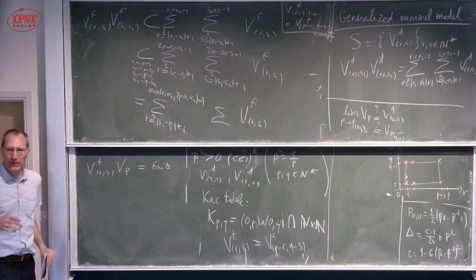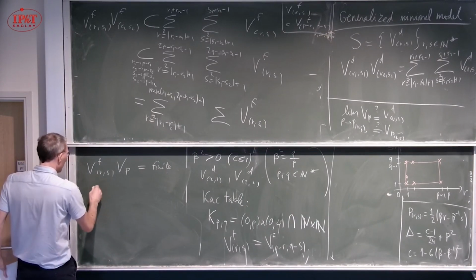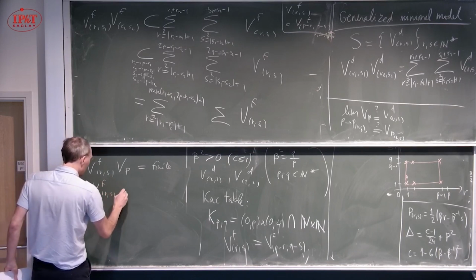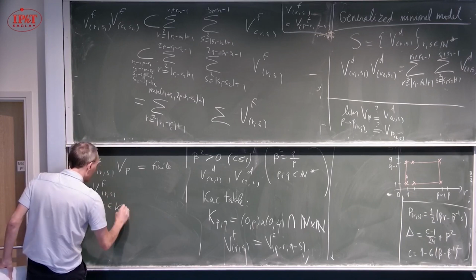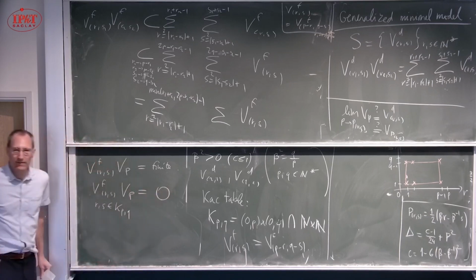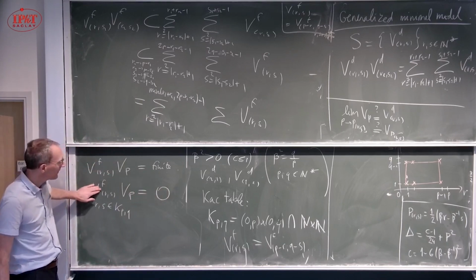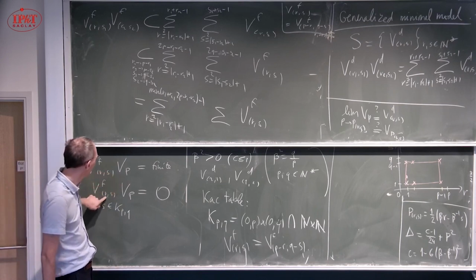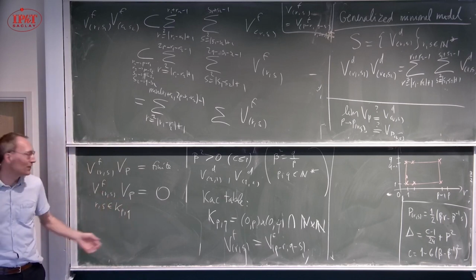A finite number of primary fields appear here. And so the claim is that now V_{F,RS} with RS in the Kac table times V_P gives 0. That's what you should show based on the fusion rules of this field, which you can compute by taking the intersection of the fusion rules for indices R and S with the fusion rules for indices P - R, Q - S. You will find nothing is left.